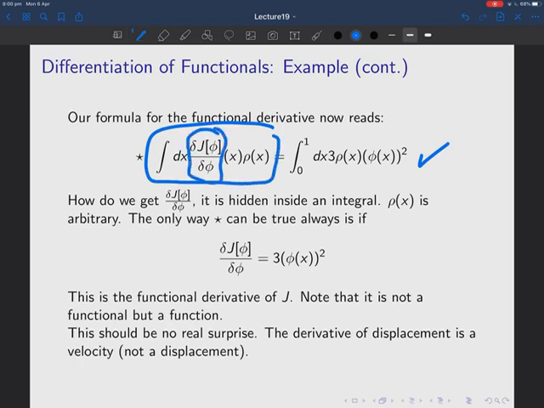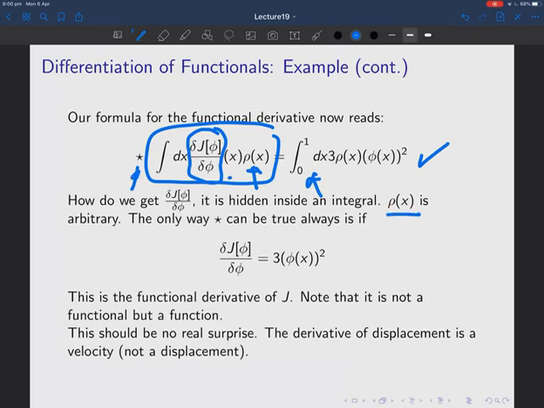And this is the thing we want to find, delta j delta phi. How do we get that? Because it's hidden inside the integral. Well, the point is that this rho is totally arbitrary. Any rho you choose, this has to be true. I think you probably met this kind of thing when you were dealing with Lagrange's equations. If you try and derive Lagrange's equations, it's a very similar kind of methodology.